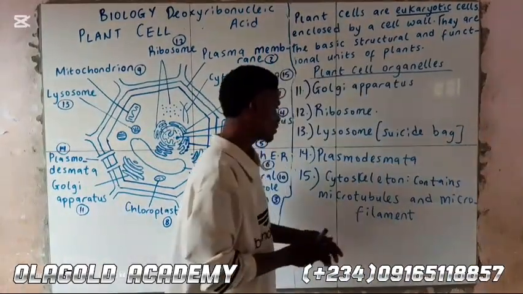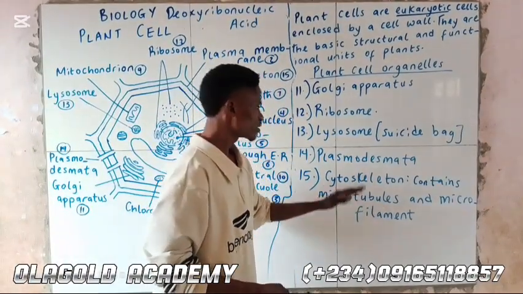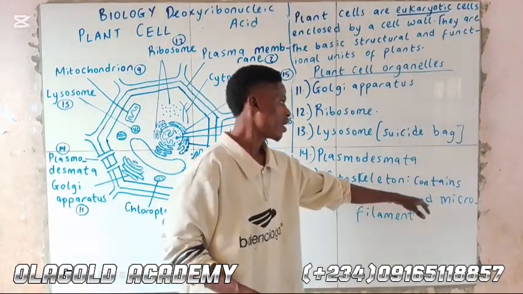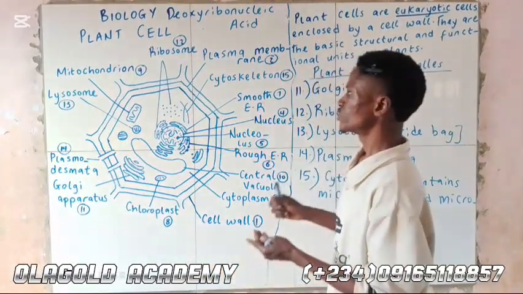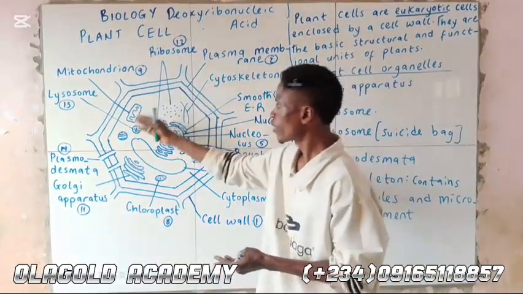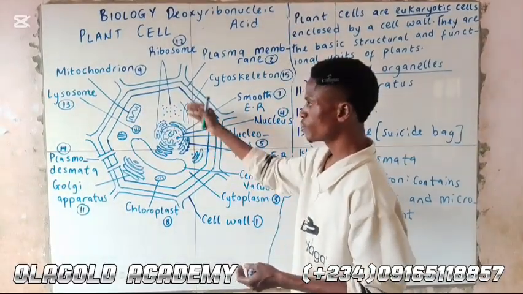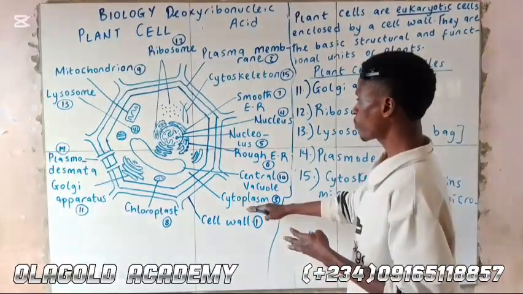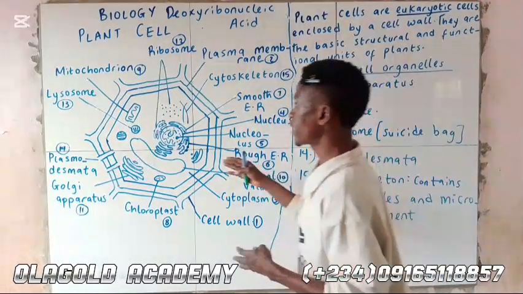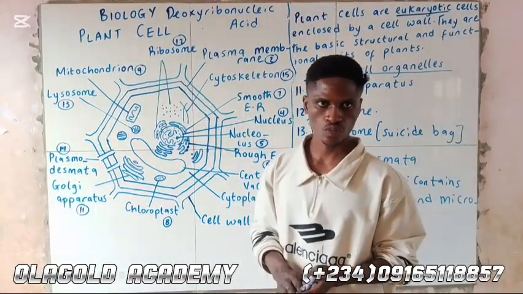These microtubules and microfilaments are what help the organelles to maintain their fixed position. It works together with the cytoplasm for the organelles to maintain their fixed position.